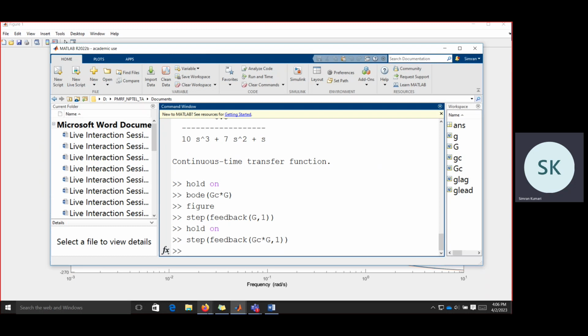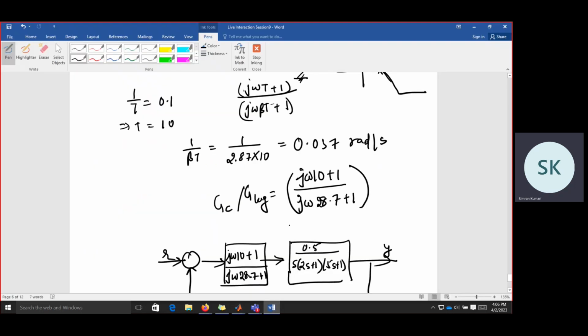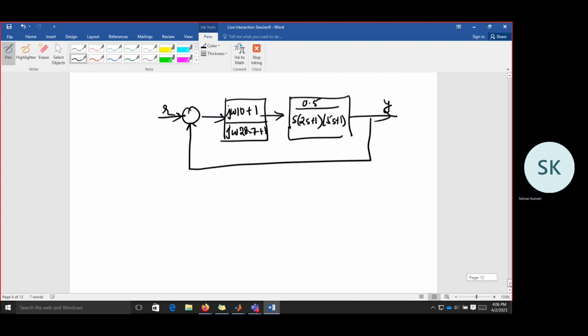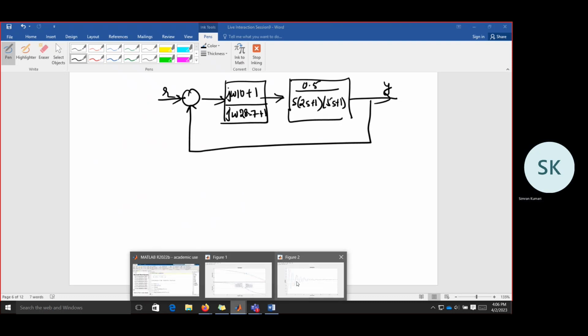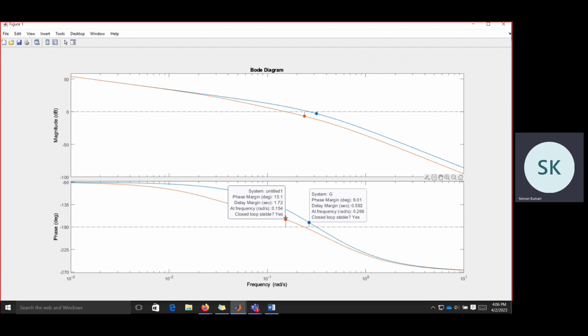Now what we can do is try to use a lead compensator along with this lag compensator in order to improve this one. So we have this 15 degrees, and for the lead compensator, you have already seen that we need to find this phi m and alpha that is required.